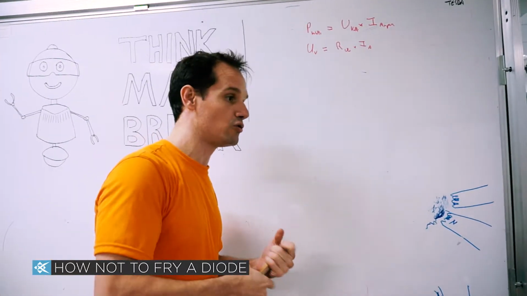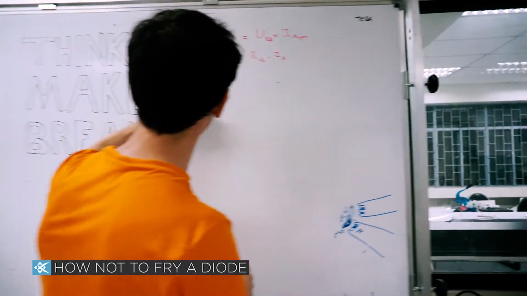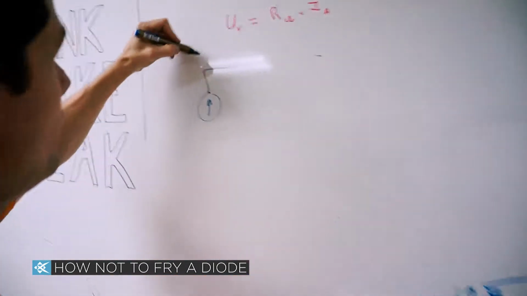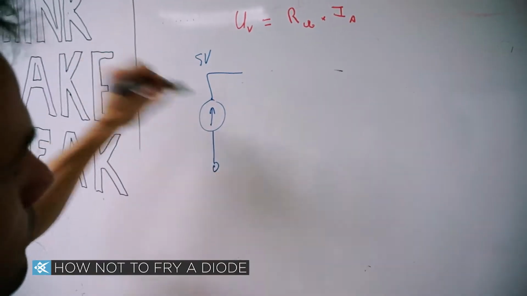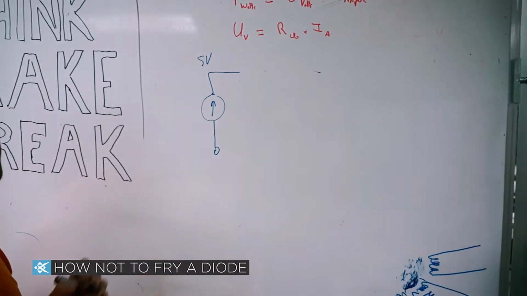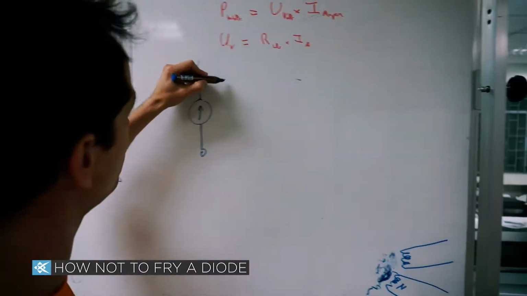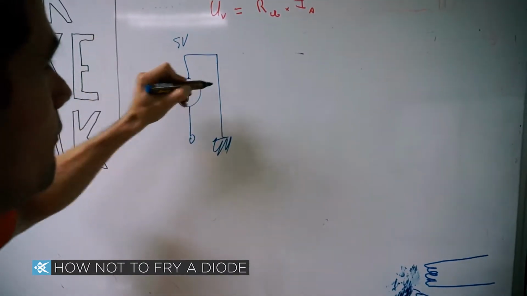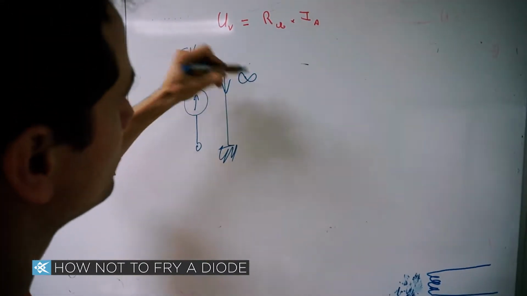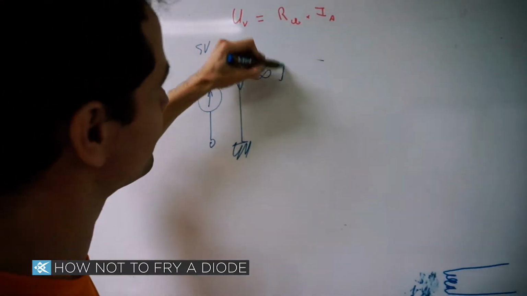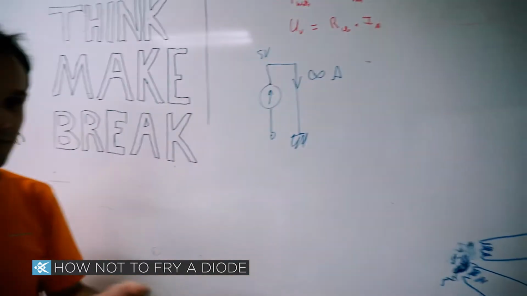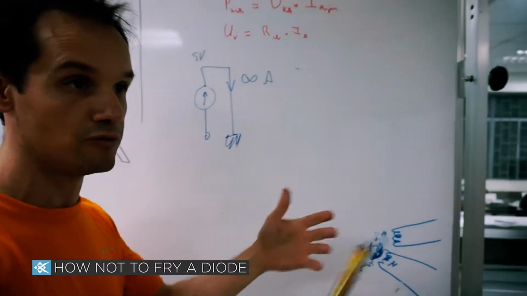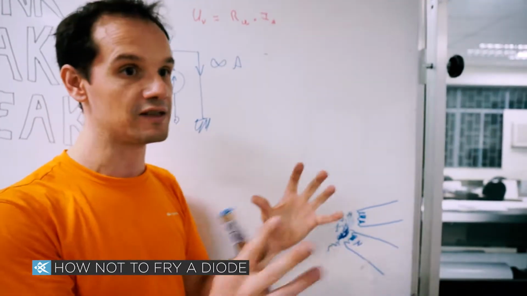A power source, for example, that is going to give you 5 volts, is going to give you 5 volts whatever you connect to it all the time. Even if you try to put it straight to the ground, it will send an infinite amount of current, right? Which is obviously not true in reality, right?